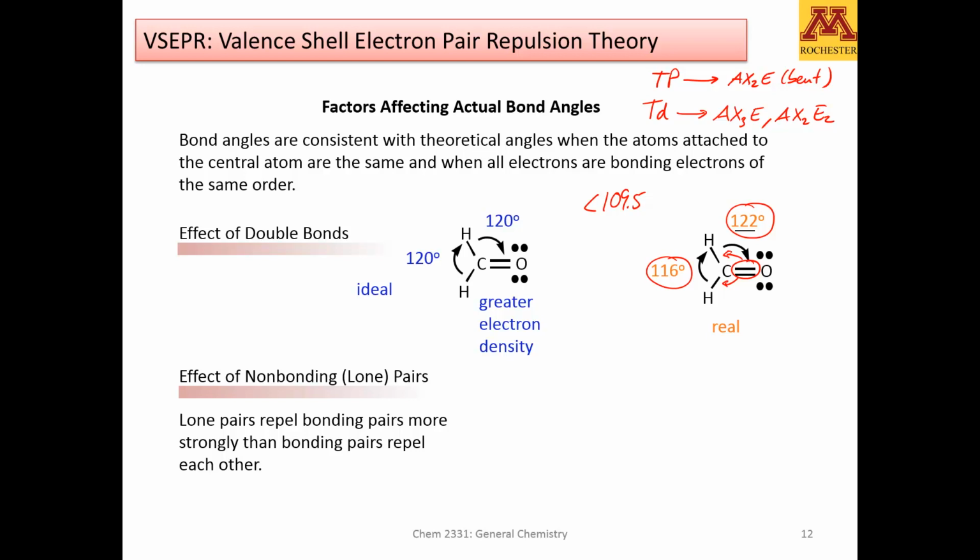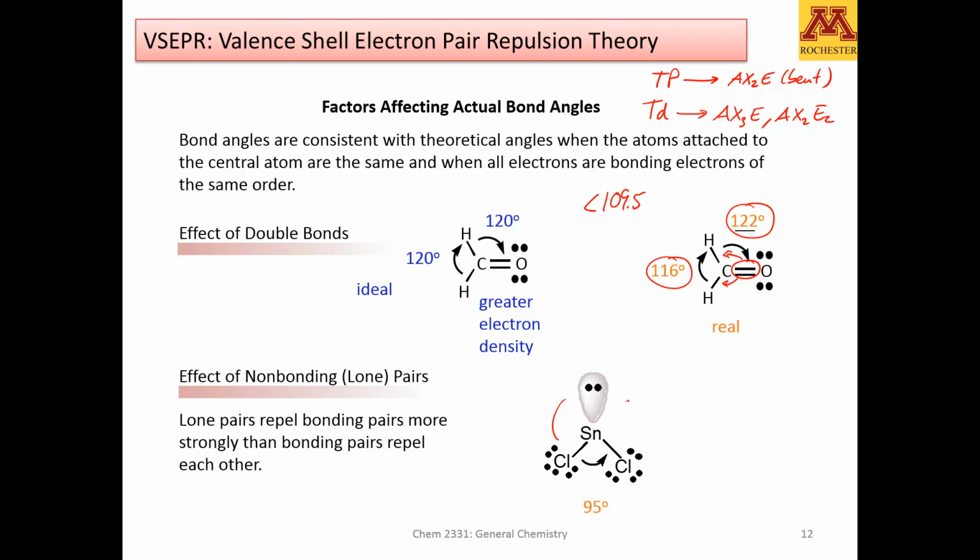Lone pairs are also very close to the central atom. They act as if they were a bulky substituent, and they repel the other surrounding atoms to make them closer. So for example, the tin chloride would come from the ideal trigonal planar.